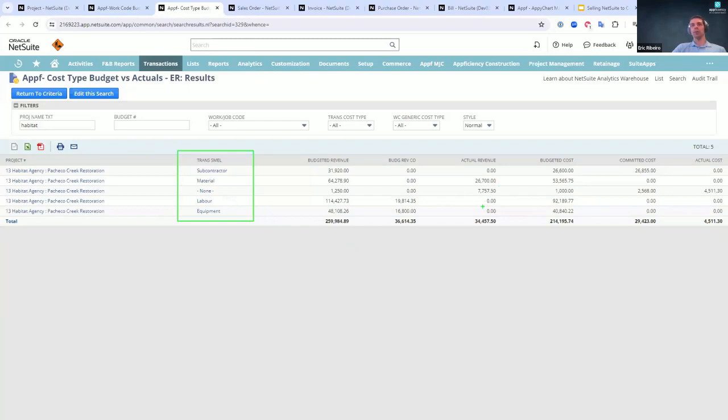And so we can see, similar to the last report, we can understand our original budgeted revenue, our original budgeted costs, and how this project is progressing, and be alerted and emailed if certain thresholds were surpassed. So we can see here again, for this specific cost type, our committed costs have outpaced our budgeted costs. We want to notify and allow our project managers to be proactive and less reactive as they're going throughout that project lifecycle.